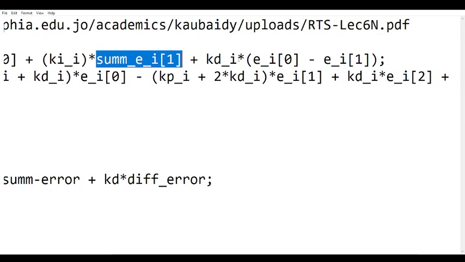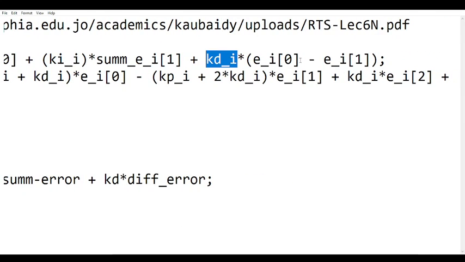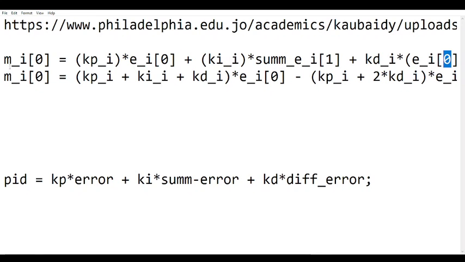And obviously the KD, and now this is the current error, and this is the previous error. So after each execution, you essentially have to equate 1 to 0, because this is the previous error and this is the present error. It will make much more sense when I show the code in its entirety.